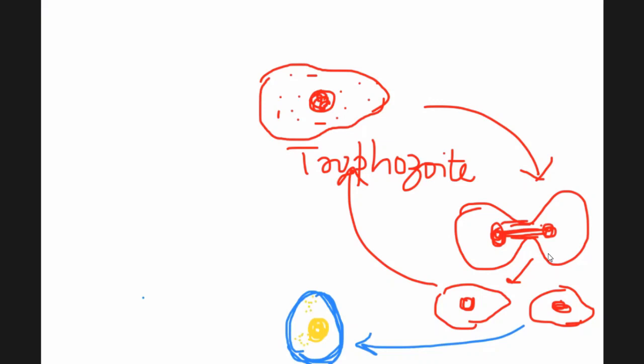Then there are dark-stainable rod-like structures seen in this. These are called chromatoid bodies. Chrome meaning color. They contain proteins and RNA.